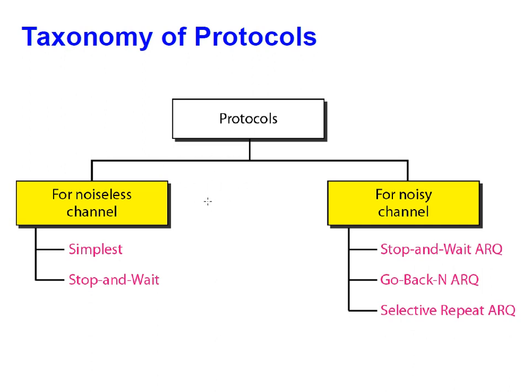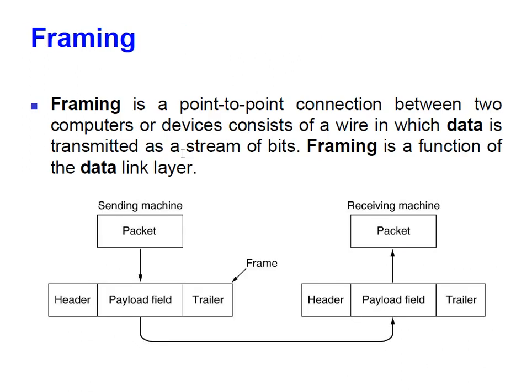The frame is transmitted across the transmission medium, and when it arrives at the receiver side, it is verified whether an error is there or not.